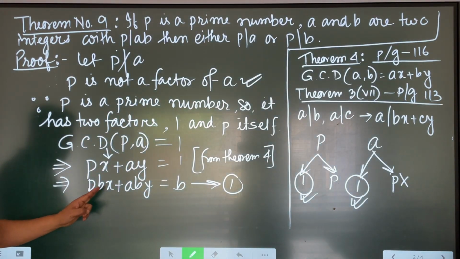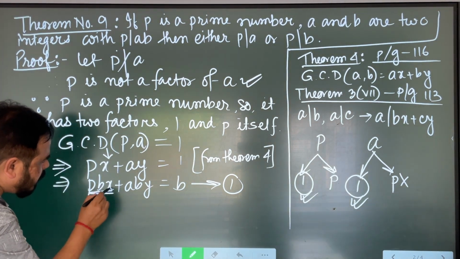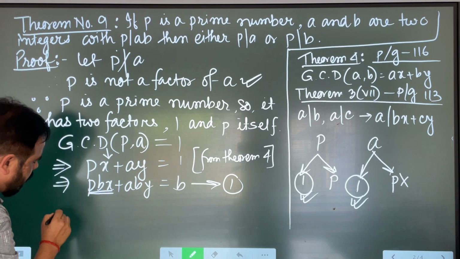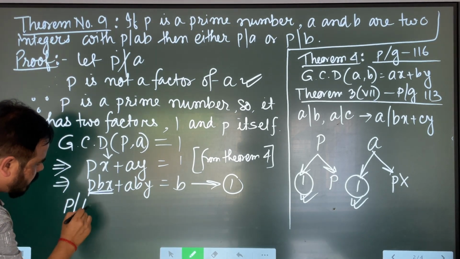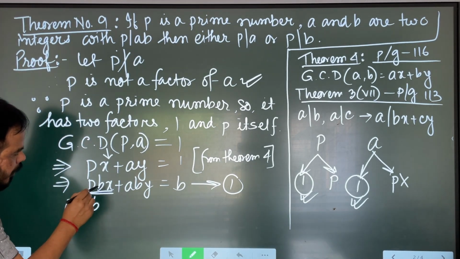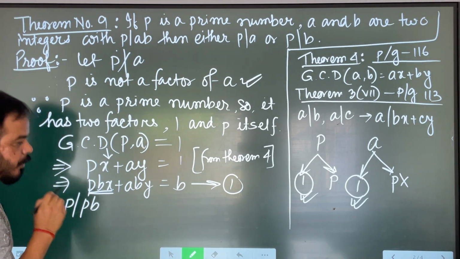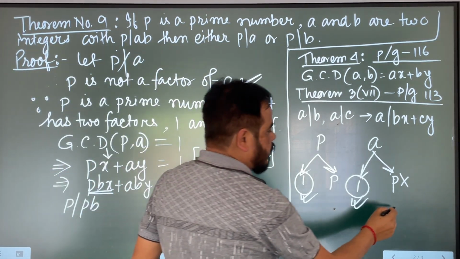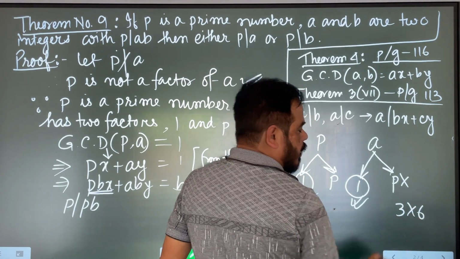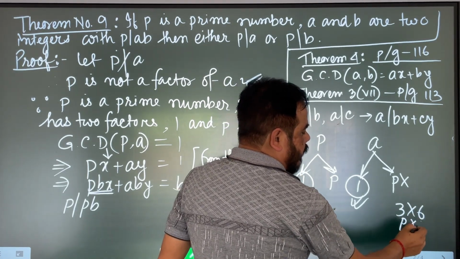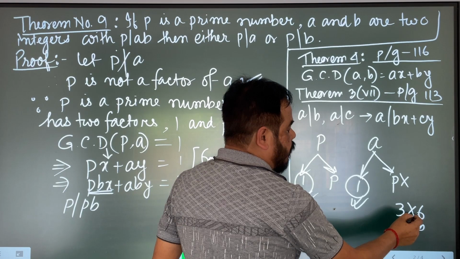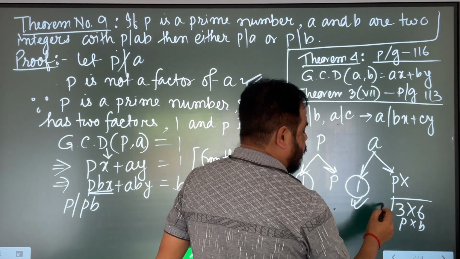Now, by looking at this term, we understand that P divides PB. PB will surely be divisible by P. Look here: 3 into 6, that is P into B. 3 into 6 will surely be divisible by 3.